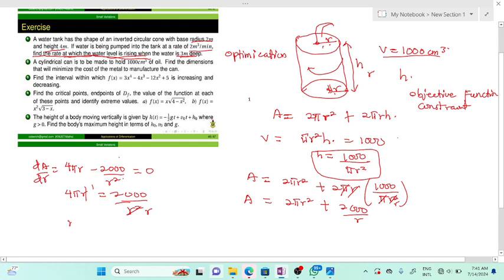Then at this point, I need r. So r is simply equal to the cube root of the expression 2000 over 4 pi. So this is giving me my r. Just find the cube root of the expression 2000 over 4 pi.